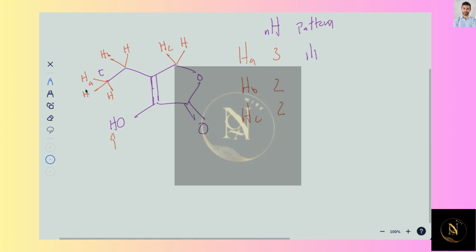B has 3 neighbors. All 3 of hydrogen A's are its neighbor, and they're all equivalent, which means we should expect it to have a quartet. And finally, we've got C. Does C have any neighbors? No, no neighbors.